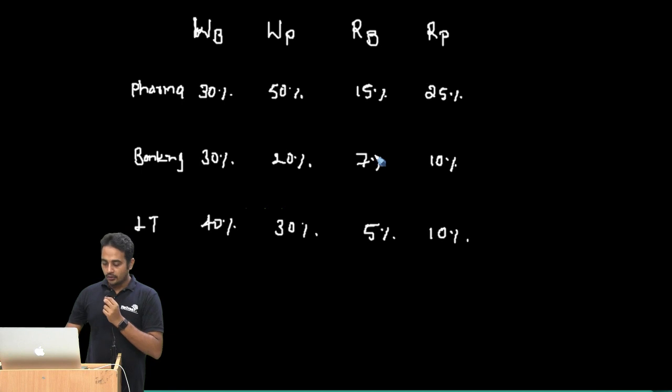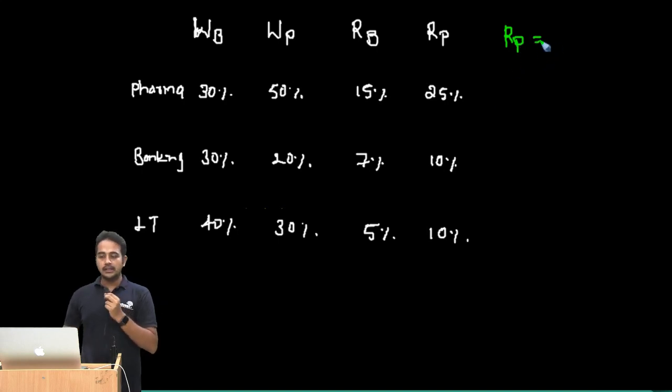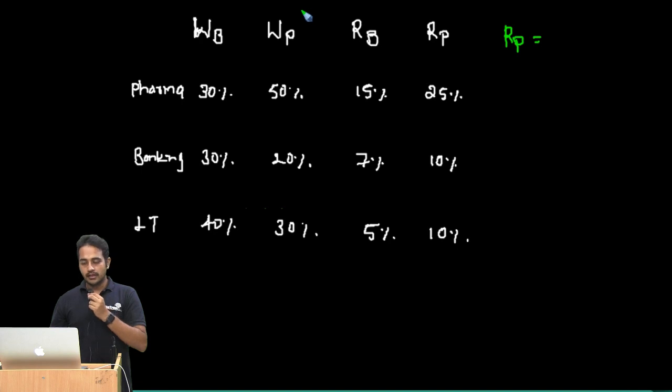The first thing that we are going to do is figure out how much is the actual return that we've earned. That is going to be the return on the portfolio, and it is a function of how much money we've put in the portfolio, the weight of different sectors, and how much returns we have earned on each of those sectors. Are we okay with this?